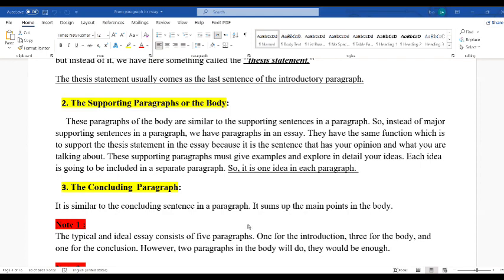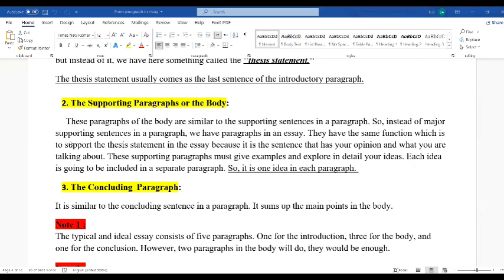The supporting paragraphs must give examples and explore your idea in detail. Each idea is going to be included in a separate paragraph, so it is one idea in each paragraph. Okay, thank you so much.